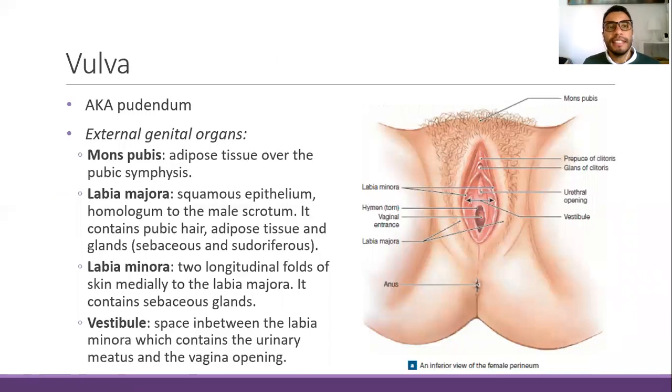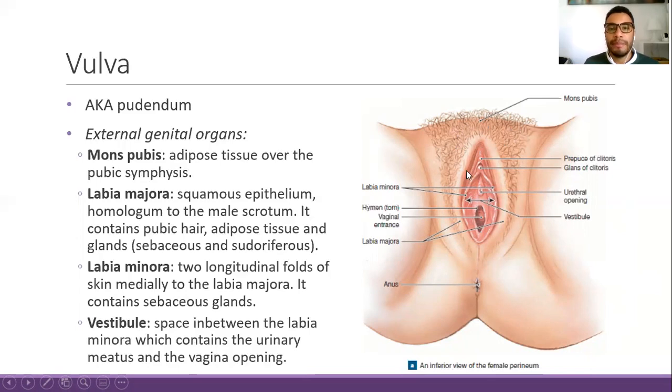The vulva is the external genitalia. Okay, so this is also called pudendum. And here we can see the external genital organs in the female. So the mons pubis is this area here, which is mainly composed by adipose tissue over the pubic symphysis.